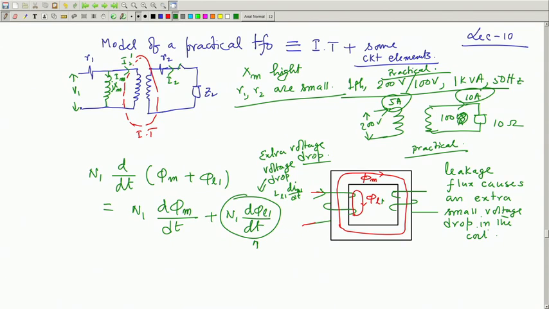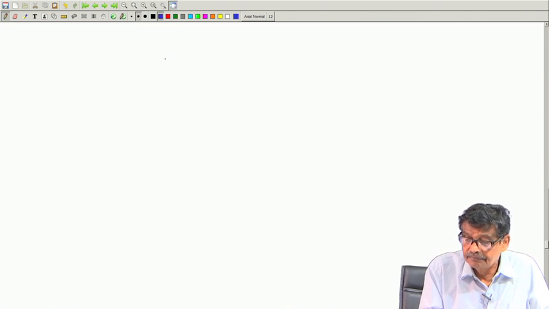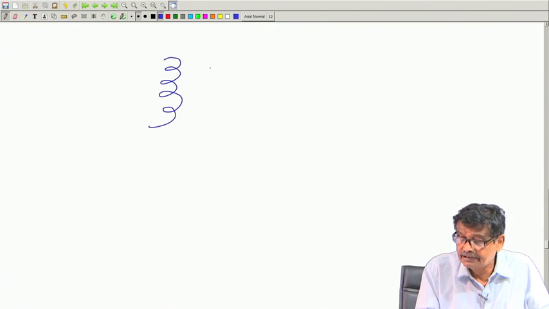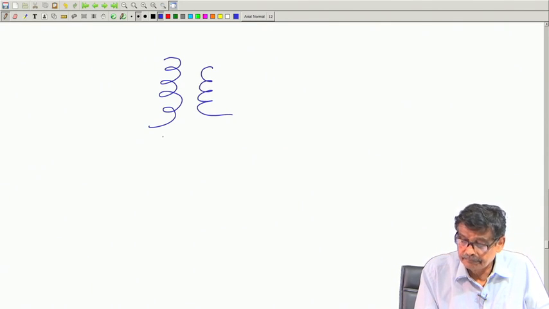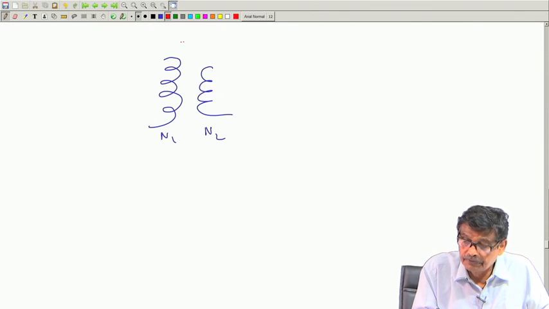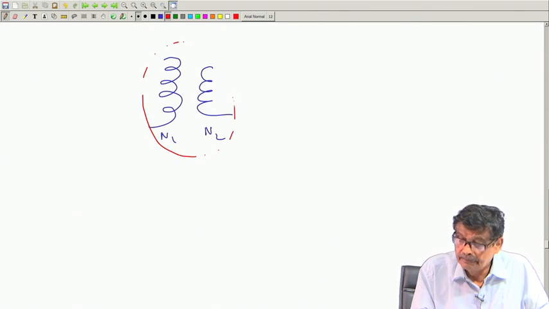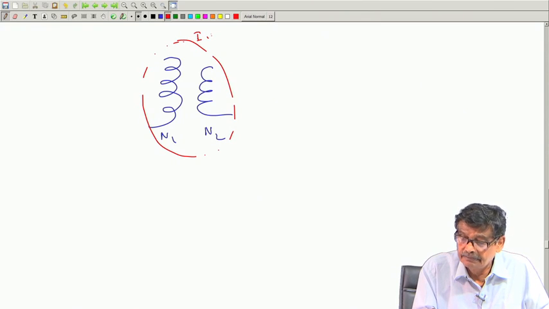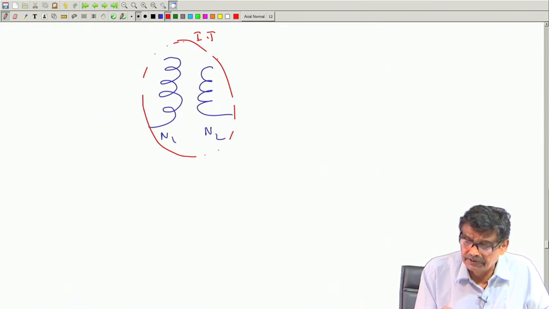What does that mean? It means that first I draw the ideal transformer, N 1, N 2, and this portion is supposedly an ideal transformer, with no connection, dotted line, okay.